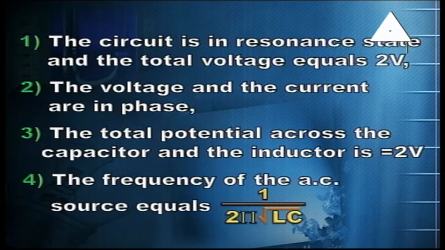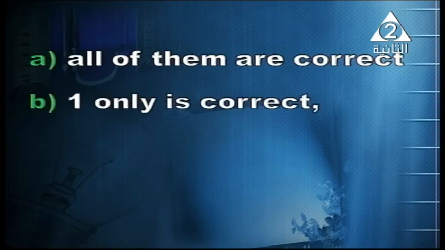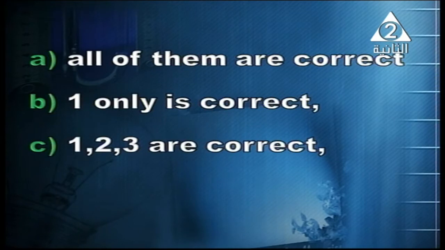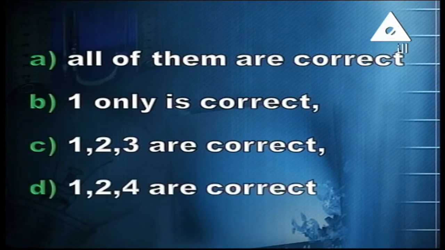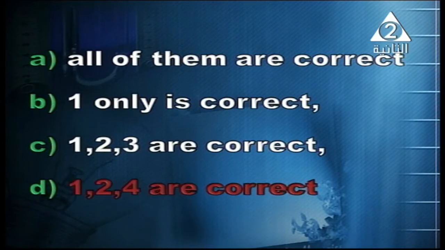Resonant frequency is given from the expression 1 over 2 pi square root of L over C. So the first is correct, second is correct, fourth is correct, but number 3 is incorrect. Of course, 1, 2, and 4 are correct.